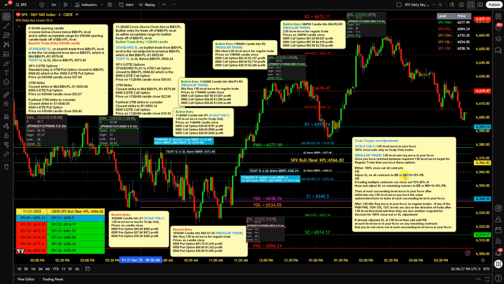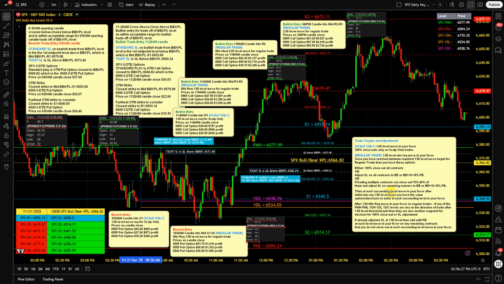So if you paid $37, as we saw here, $37 would be just to break even, or you would make it $37 plus 10% of $37, or up to 15% as a profit buffer if you prefer to add a profit buffer. Or if you're trading multiple contracts, such as 3 or more contracts, then you can close out 70 to 90% of them and adjust the stop loss on the remaining runners you're leaving, that you want to see a further move on, to either break even or break even plus the profit buffer.